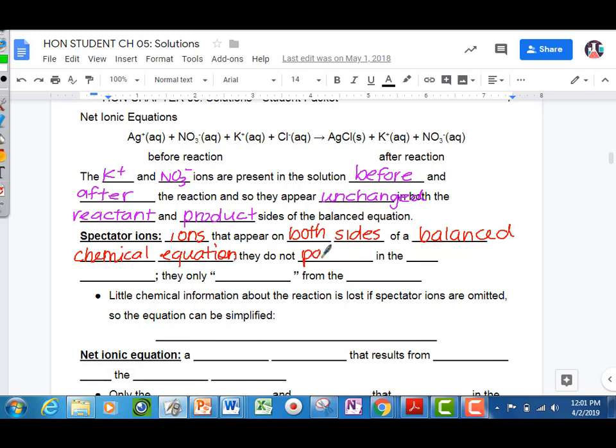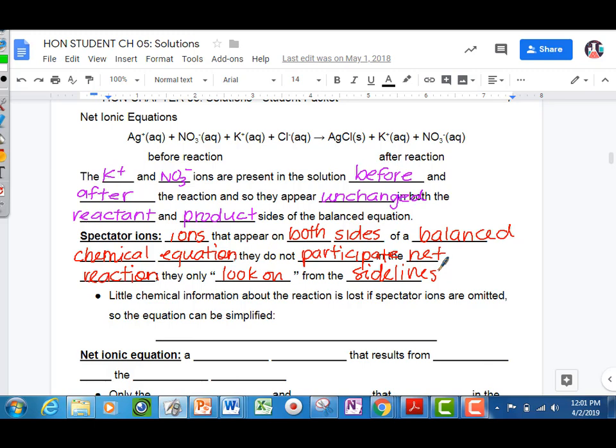They do not participate in the net reaction. So the net reaction is saying they don't participate in what's actually happening. They're not part of the change. They only look on from the sidelines.